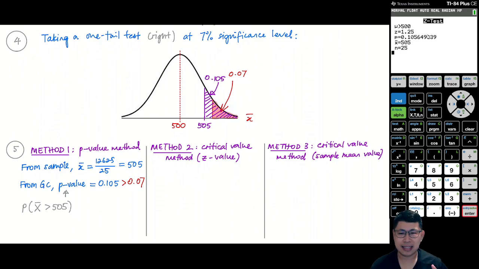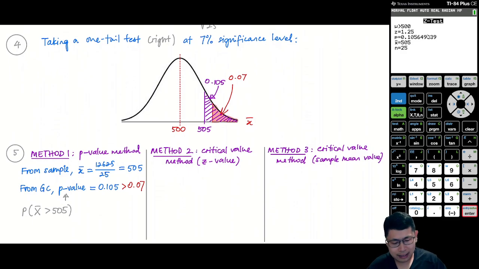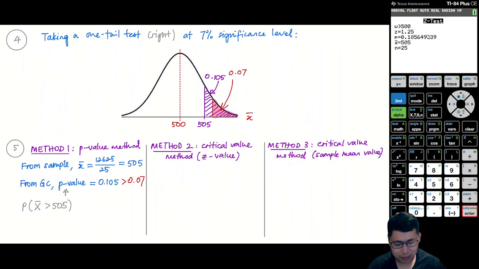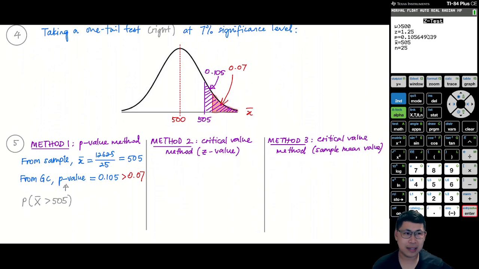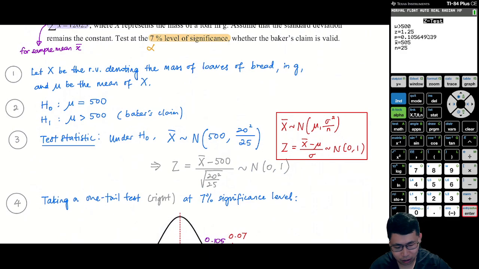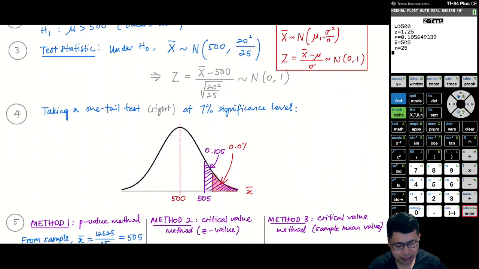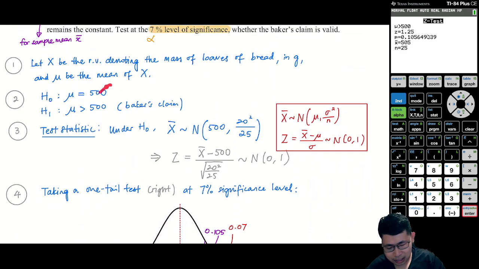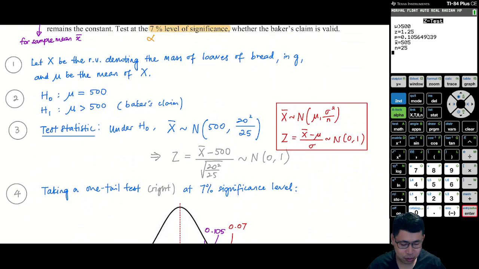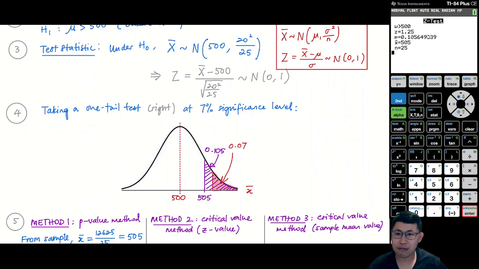So it is outside the rejection region, or within the acceptance region, meaning 505 is close enough to 500. Do we reject our null hypothesis or not? We do not reject our null hypothesis, because this is not far enough away from it. If it were far enough, then the baker's claim would be true, but from this test, 505 is actually not far enough.